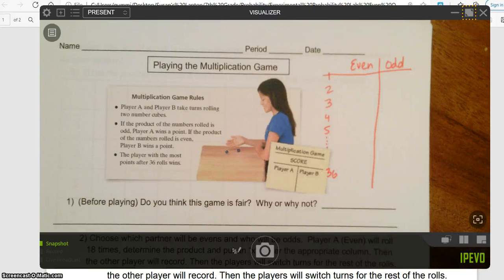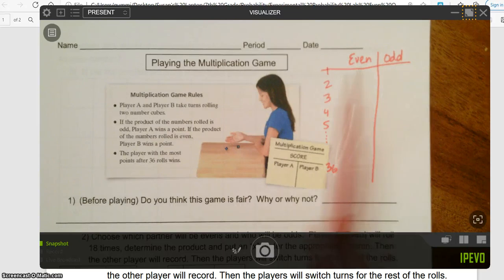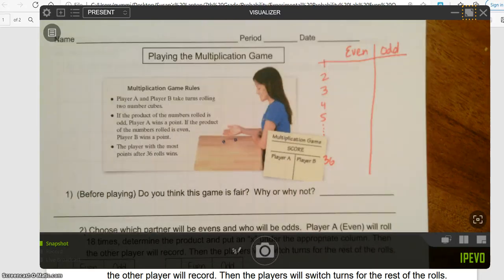That way you'll know at the end if you win if you have the most points. Okay? So right now, at home, choose whether you want to be even or odd. If it doesn't matter, somehow flip a coin and figure it out. Okay? So then, the player with the most points after 36 rolls wins.